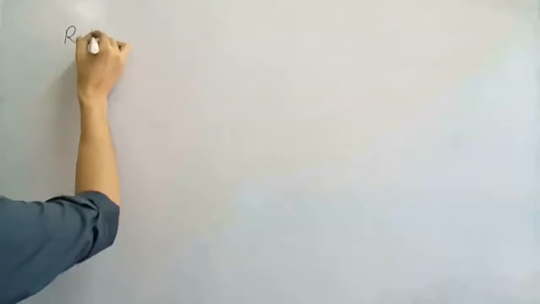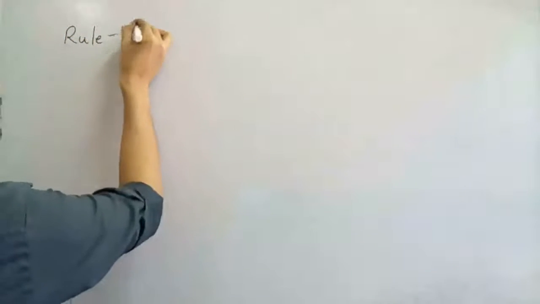Now the next rule is what? Whenever you move a term, exponent and base, either from upward to downward or downward to upward, I mean to say, if you move a term from numerator to denominator or denominator to numerator, then the exponent remains the same and the sign of the power gets changed. Please note it. Rule number 8.